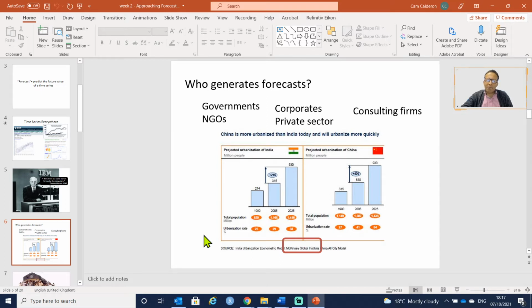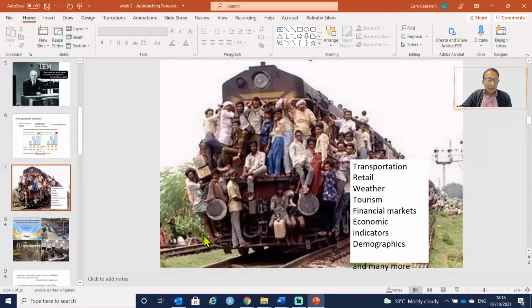Very important as well, research. We use these forecasts to get to know what is going to be the growth in income for people and how sustainable the world is. Forecasting is almost everywhere: in transportation, retail, weather, tourism, financial markets, economic indicators, demographics.